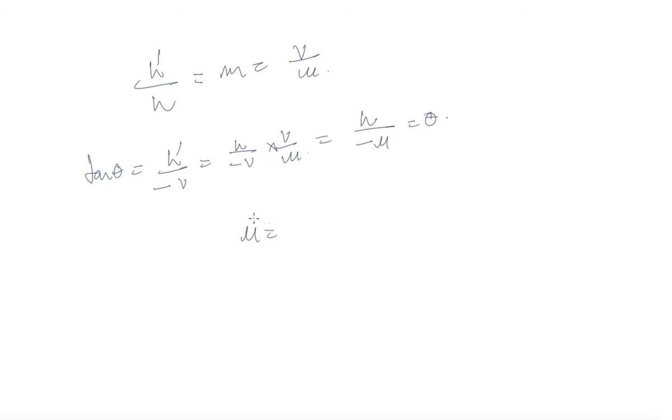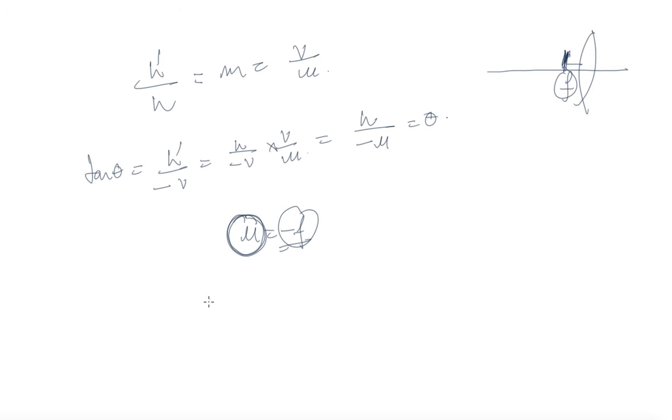Therefore u, we know what is the object distance. In our previous calculation, we had put the object in the focus, at distance f. We have said to put it in the focus. So the object distance is equal to minus f.